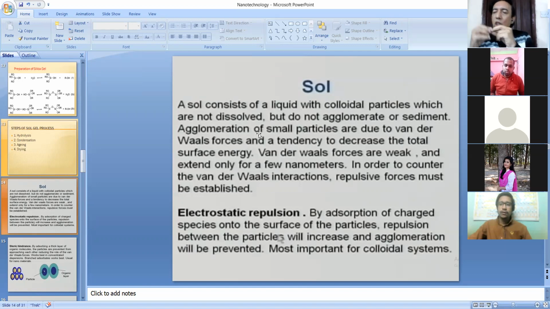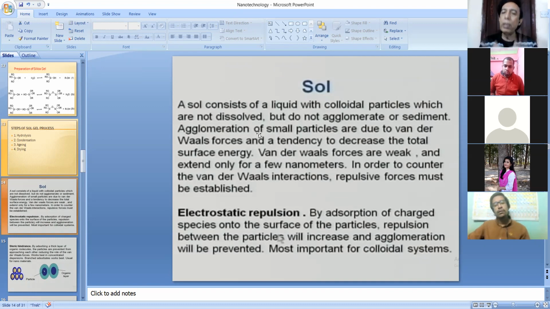which is due to the adhesion of the positively charged particle on the salt surface, that becomes a repulsion which prevents the agglomeration. So we have to establish that repulsion.